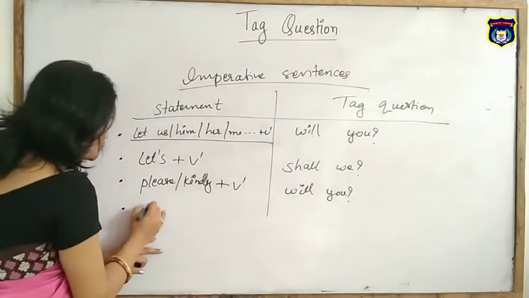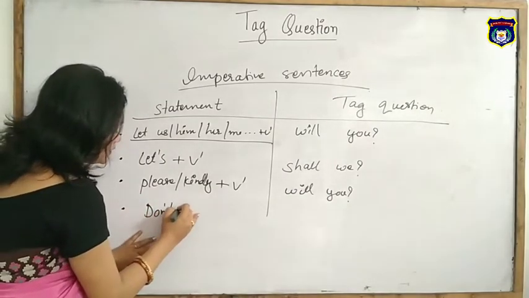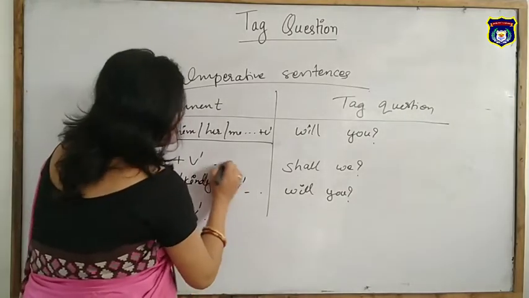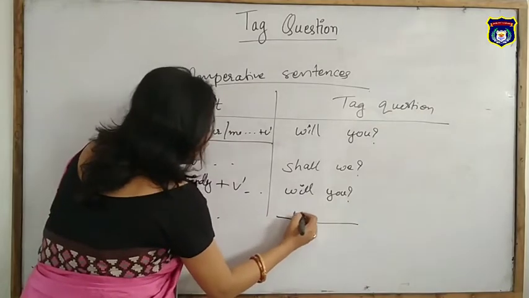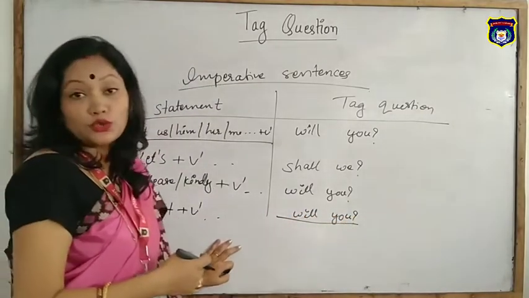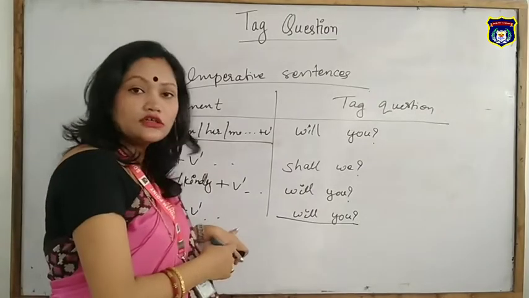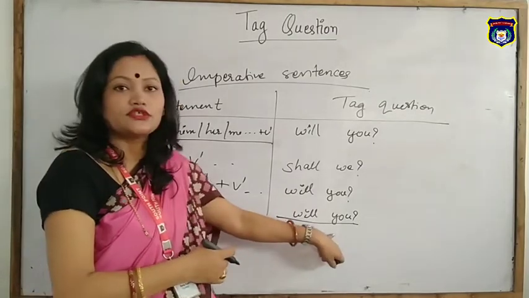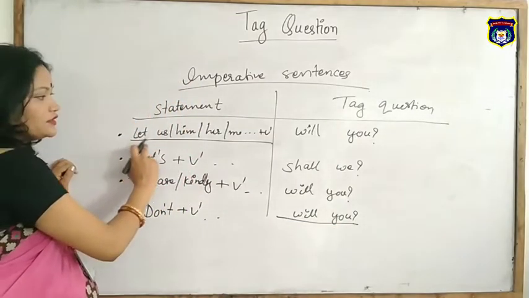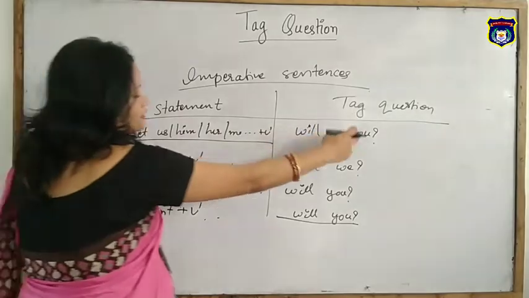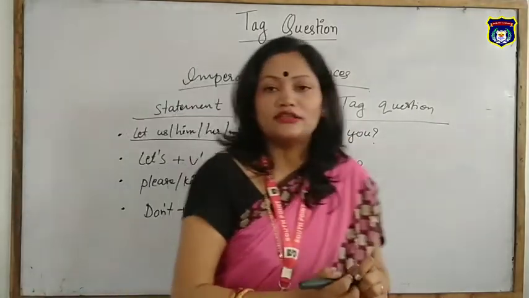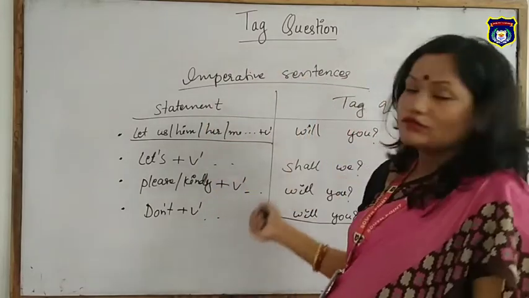Same is with don't plus V1, then definitely again it must be will you. Since don't always represents an order, like don't open the door, therefore it must be will you. So we must be very careful. If the statement is started with this, the tag must be all these. Yes, that's it. So I think it is quite clear to you about the tag questions.